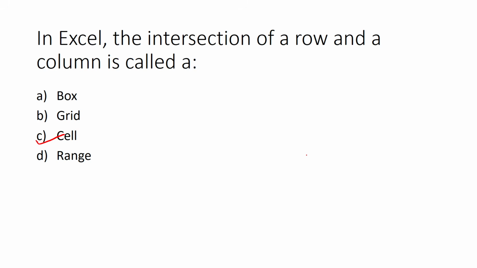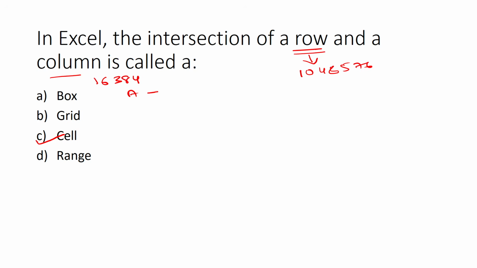Cell. Do you know how many rows there are in Excel? 10 lakh 48,576. And how many columns are there? 16,384.